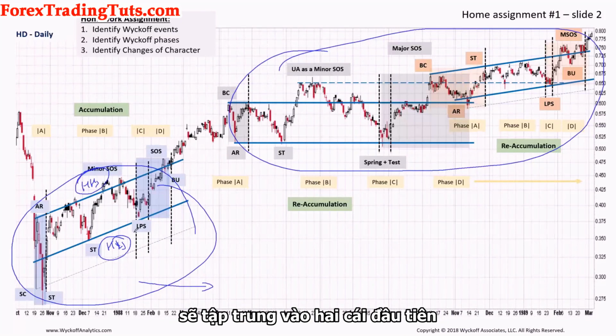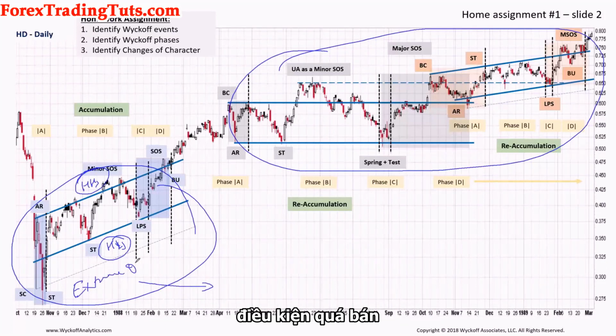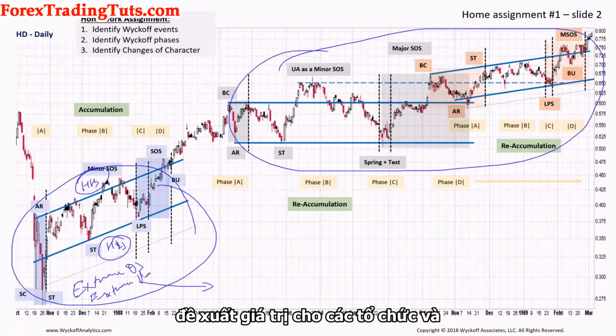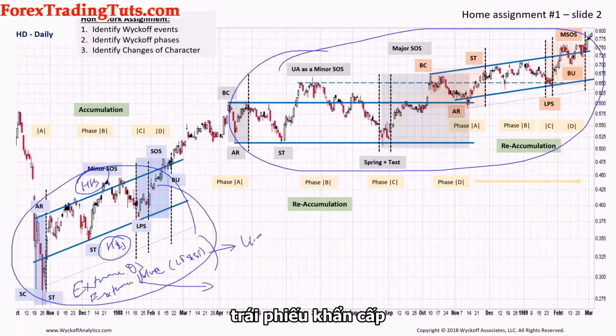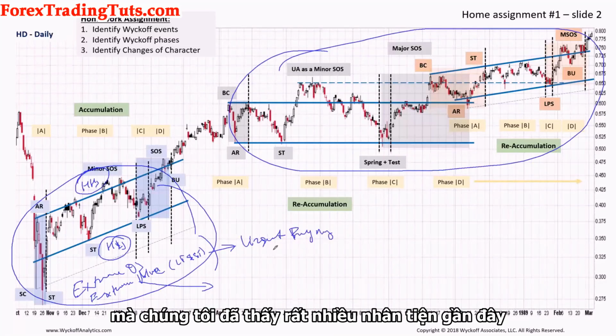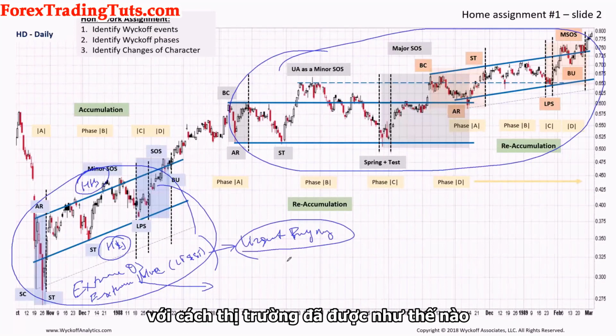And I would concentrate on the first two. Because it's an extreme oversold condition that creates an extreme value proposition for institutions. And this extreme value proposition, both long-term and short-term, is what creates that urgent buy. Which we've seen a lot, by the way, lately with the way the market has been behaving.